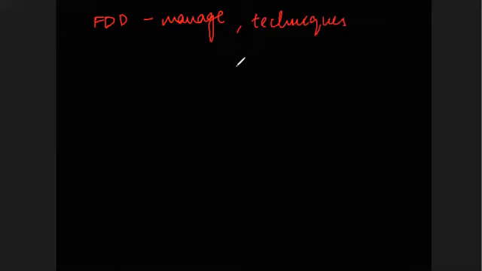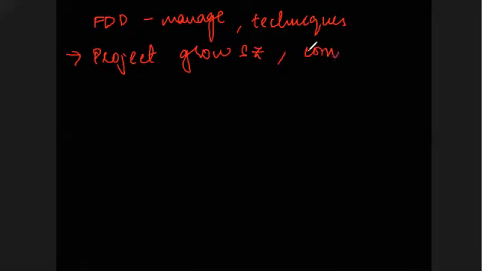Now within this, we have already discussed that FDD has a greater focus upon how you're going to manage a particular project and what the different techniques are that are used to build a particular software. Now if the project is going to grow in size, that is, if the project is very large, as the project is growing in size, the complexity of the project is also going to increase.